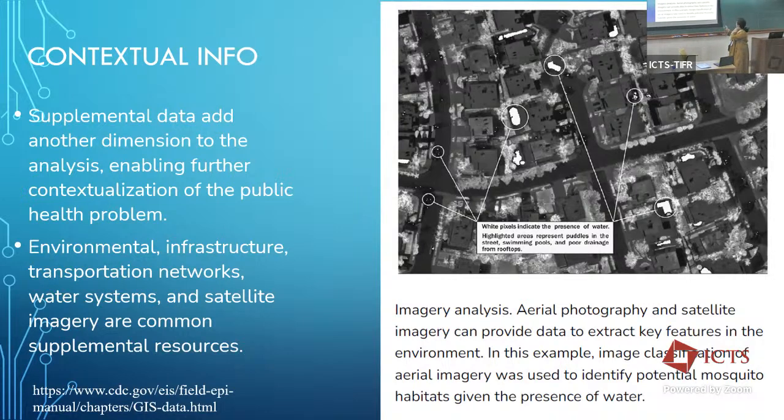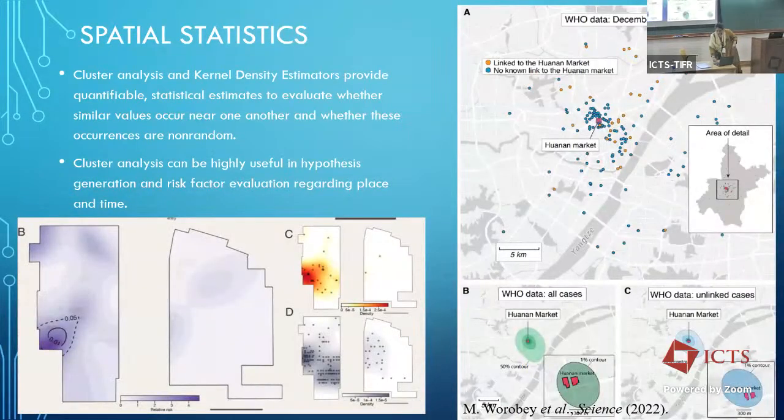People are looking at some mosquito-borne disease and trying to map all the stagnant water bodies in this neighborhood. So, bringing in contextual data. It can be done at this very fine scale, where you can see individual houses and swimming pools and so on.